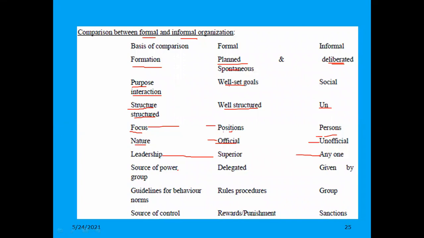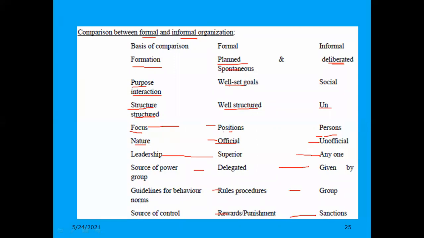Next, source of power: delegated, right? So here the source of power is delegated, and in the informal it is given by the group. Next, guidelines for behavior: norms, rules, procedures, and the group. Social source of control, rewards and punishment.